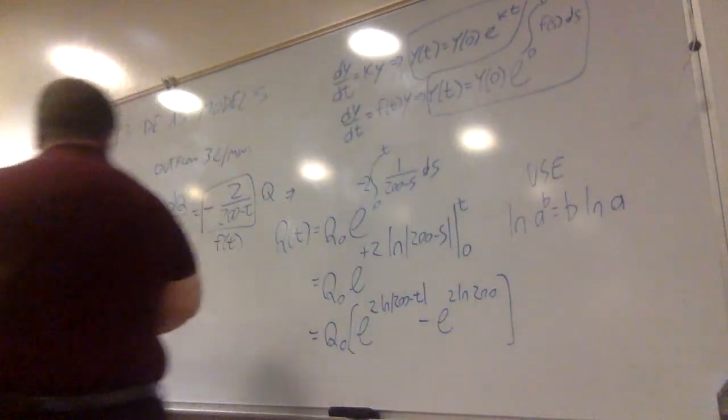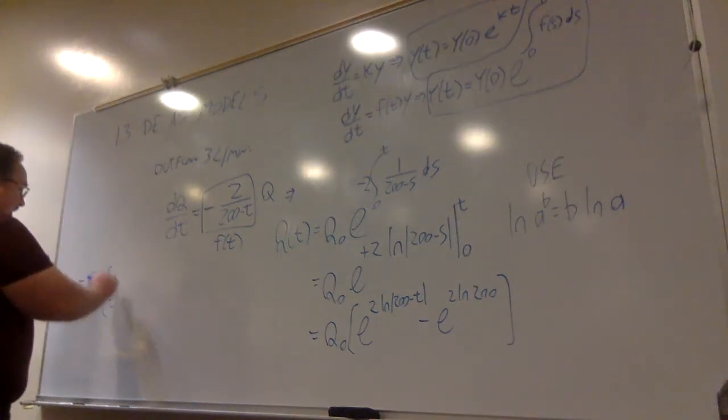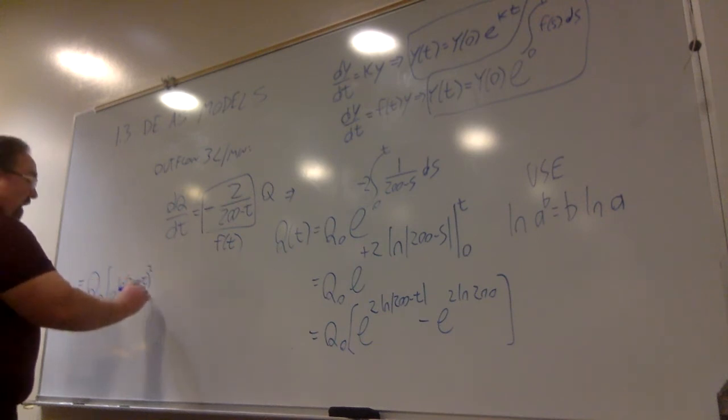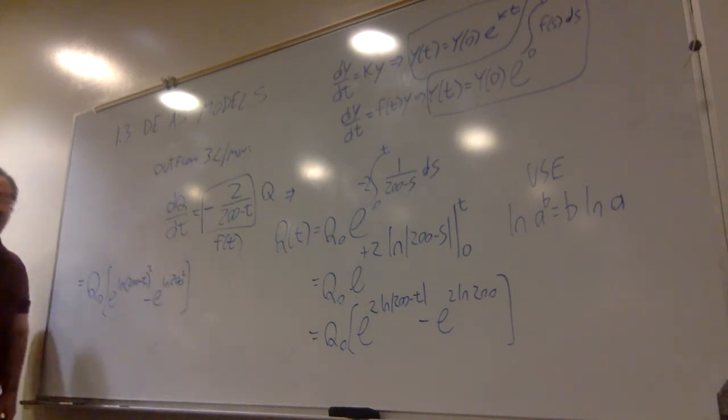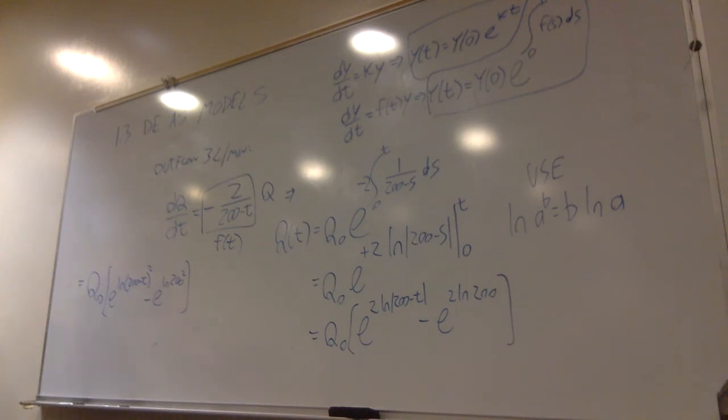So now I have e to the natural log of 200 minus t squared minus e to the natural log of 200 squared. And now that I've done that, can all of you on this side of the room see? Okay. What can I do now to simplify?